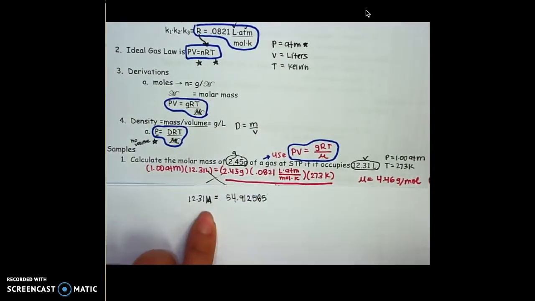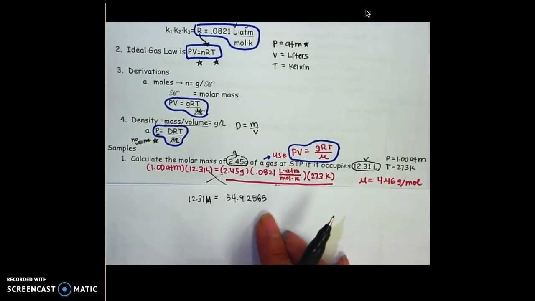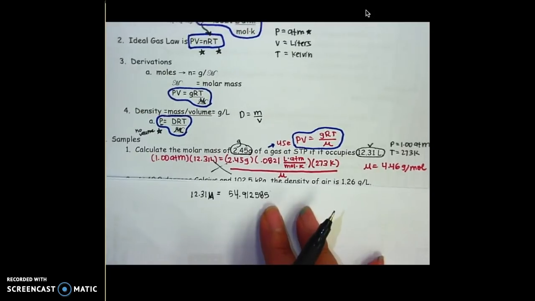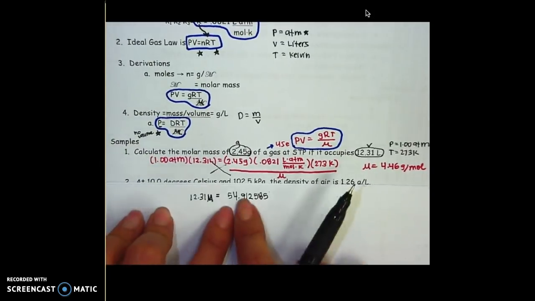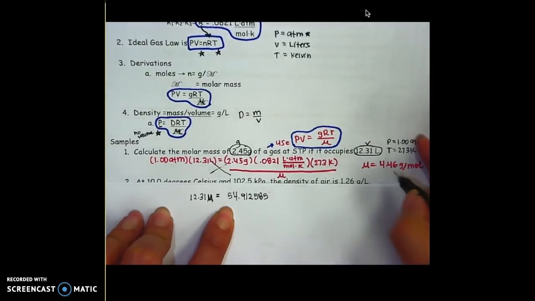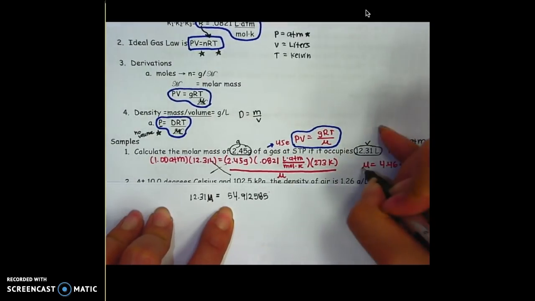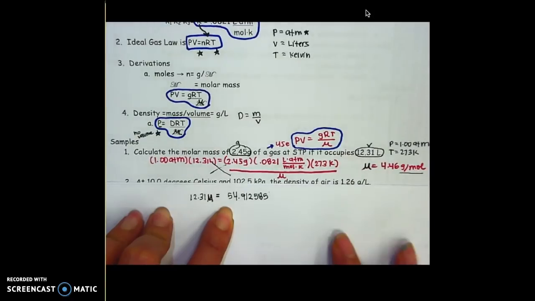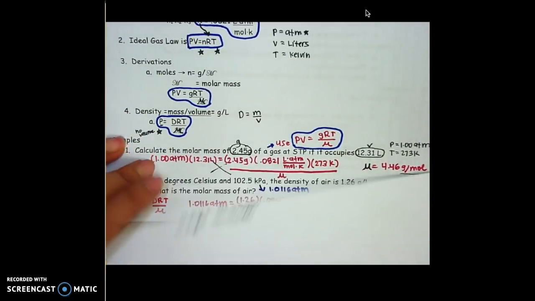Now to solve for M, I'm going to take the 54.912585 divided by 12.31, and then you wind up with your final answer of 4.41 grams per mole. It's grams per mole because this is the unit that we always use for molar mass. It's G over moles.